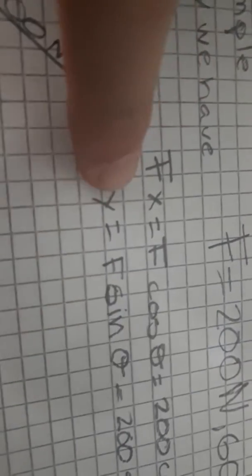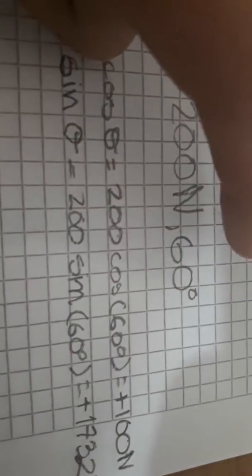Now for y. Fy equals F sine of the angle. F meaning 200 newtons again, and sine of the angle, that is 60 degrees. We're going to have a different answer because we have different formulas and different functions. So it's going to be positive 173.2 newtons.